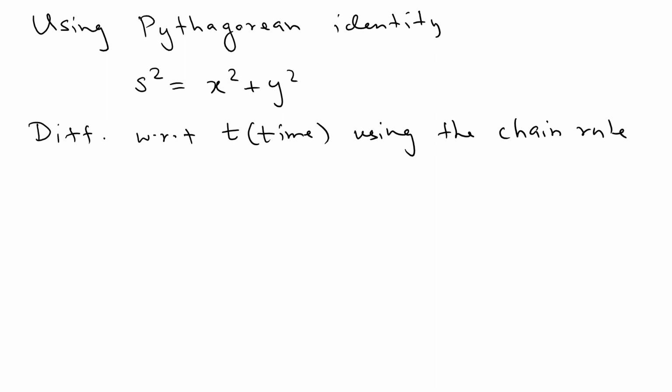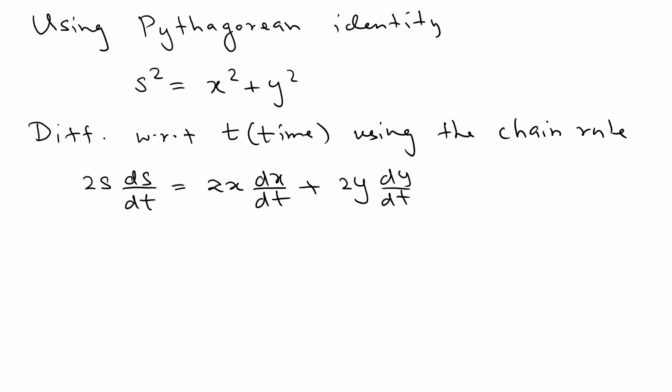So you can write this one as ds over, so s squared means 2s, so 2s ds over dt. It's very clear now. And then 2x dx over dt plus 2y dy over dt.